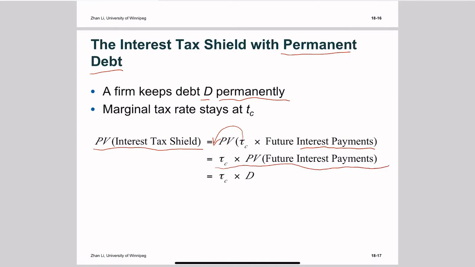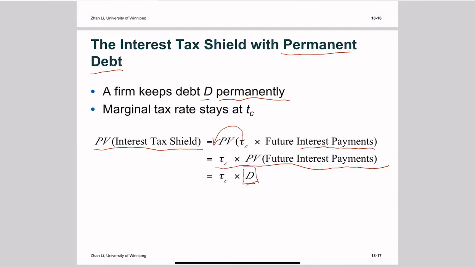However, what is the present value of the future interest payments? It's just D, right? It's just D here. So the present value of the future interest payments is the value of the debt.